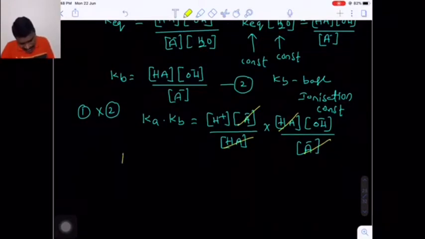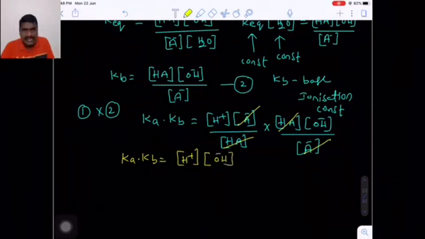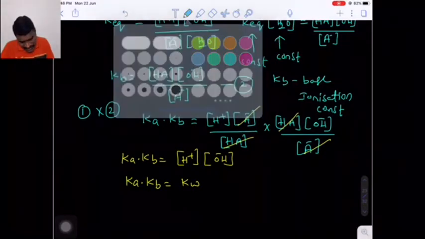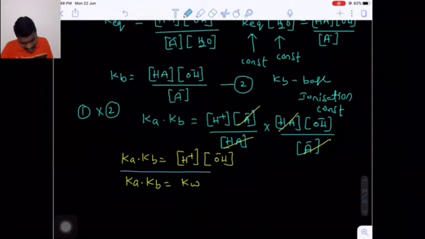Finally what we will get? Ka into Kb will be equal to H plus ion concentration multiplied by OH minus ions concentration. We know in the last video the product of the concentration of H plus ions and OH minus ions is called ionic product of water, that is Kw. Okay. So shall I write Ka into Kb equal to Kw. So this is a very useful expression regarding the dissociation constant of a weak acid Ka and its conjugate base Kb.